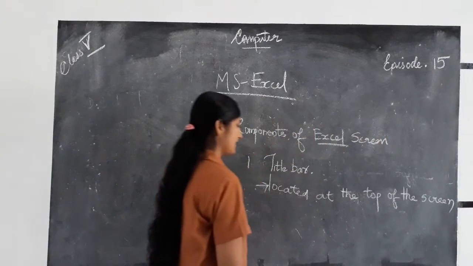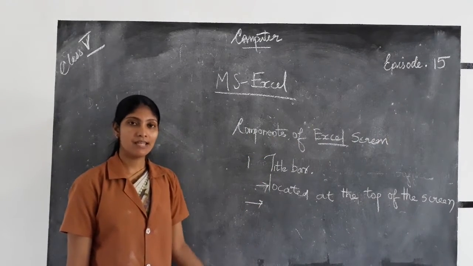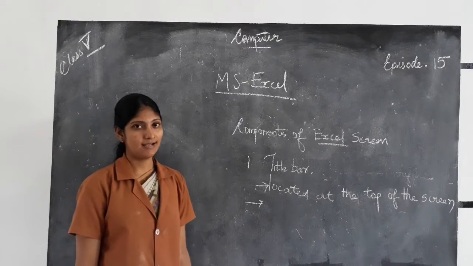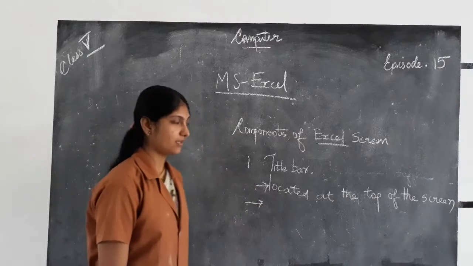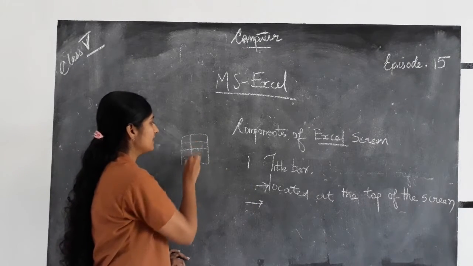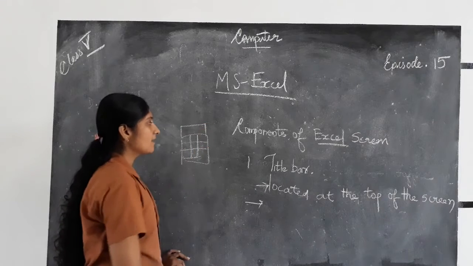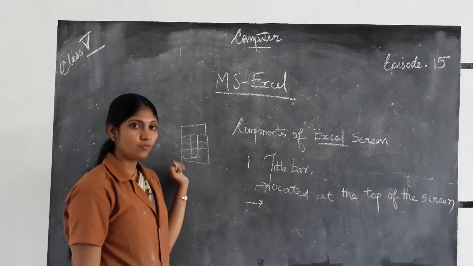Then the second point: the title bar shows the name of the current workbook. For example, this is your current workbook, and here there is a title bar. So you can give a name for that workbook.